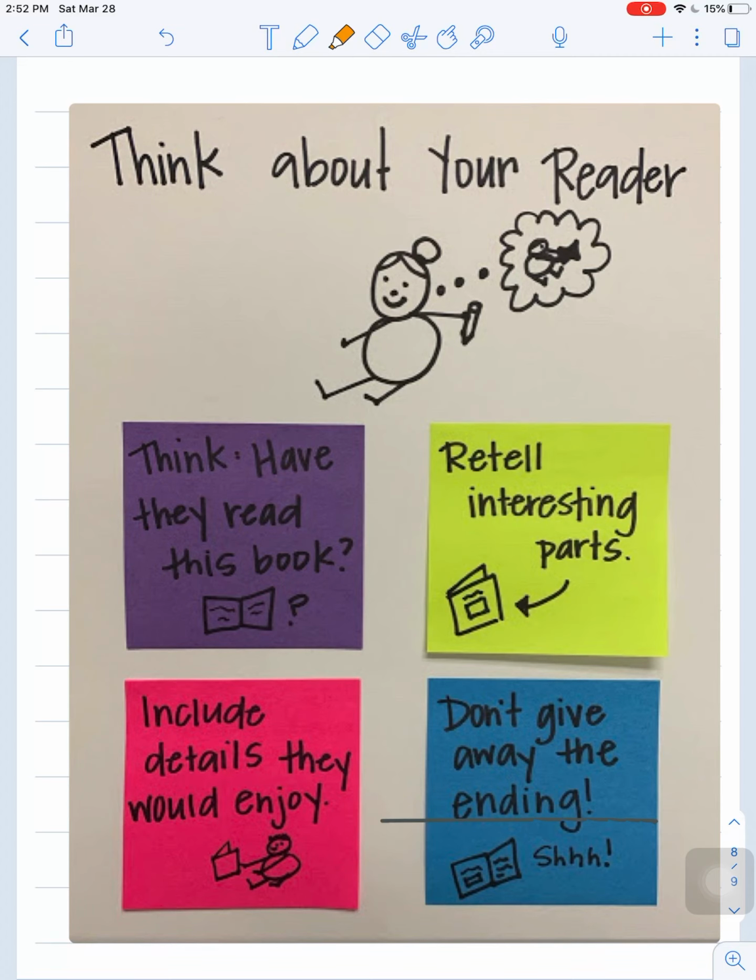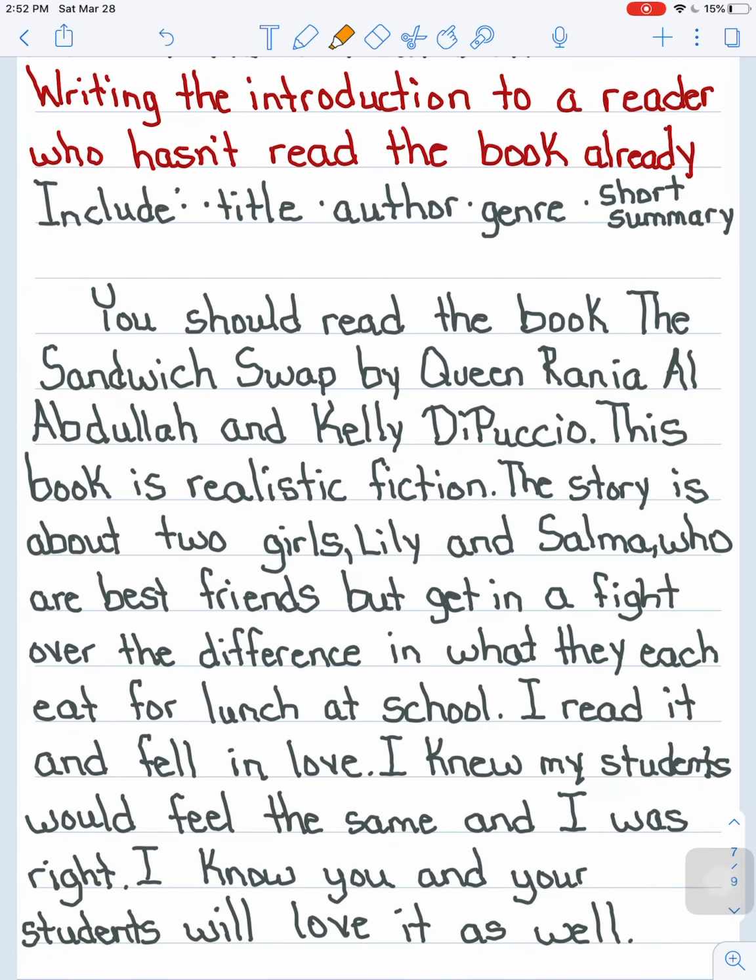All right, so let's look at one of the introduction paragraphs. So in this example, I wrote the introduction to a reader who hasn't read the book already. And you want to make sure when you write the introduction, you include these four things. You want to make sure you include the title of the book.